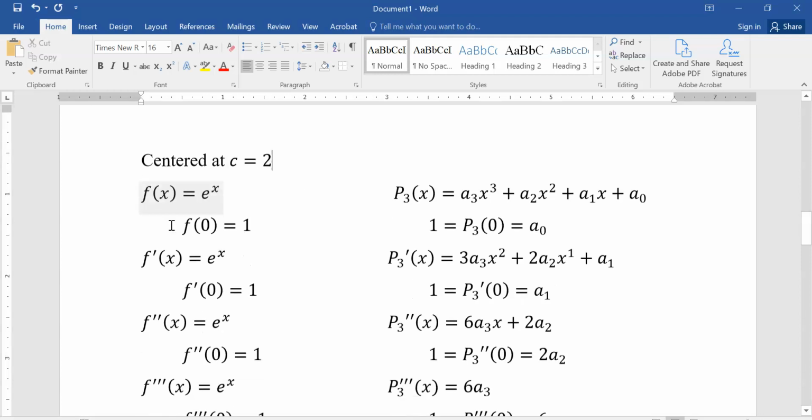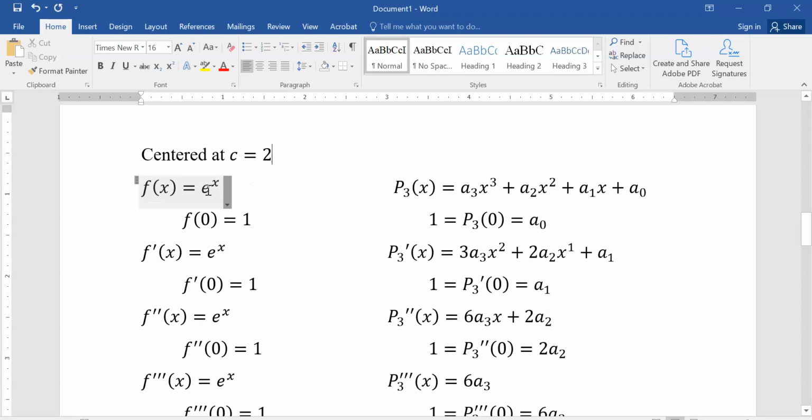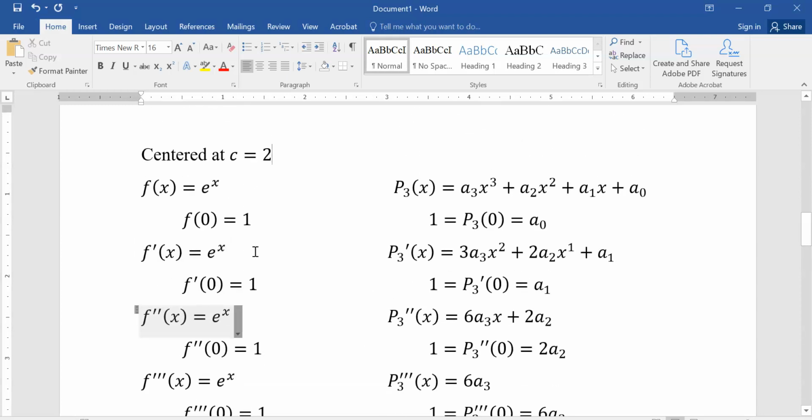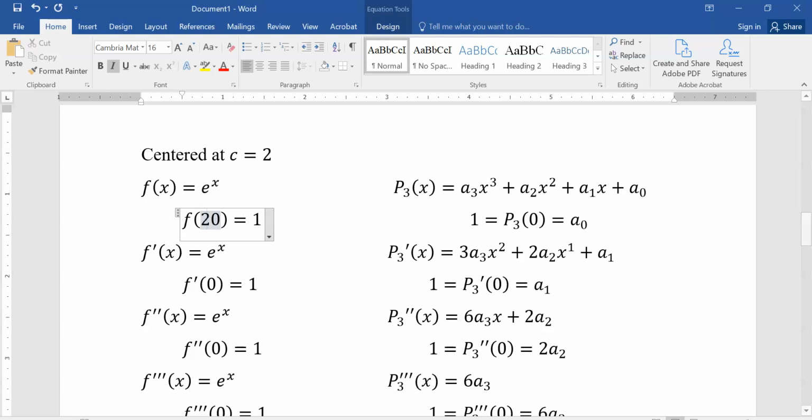Now, some of this is already done for me, so that's really, really nice. If I start out by saying, well, my function is e to the x, the first derivative is still e to the x, second derivative is e to the x, third derivative is e to the x. By the way, obviously e to the x is one of the nicest functions to take derivatives of, but that's fine. If you plug in 2, well, you just get e squared. Nothing really fancy there.